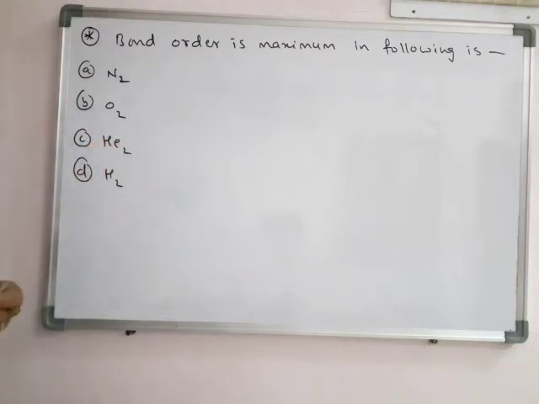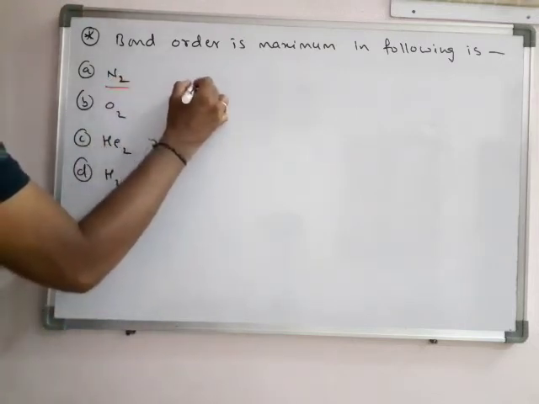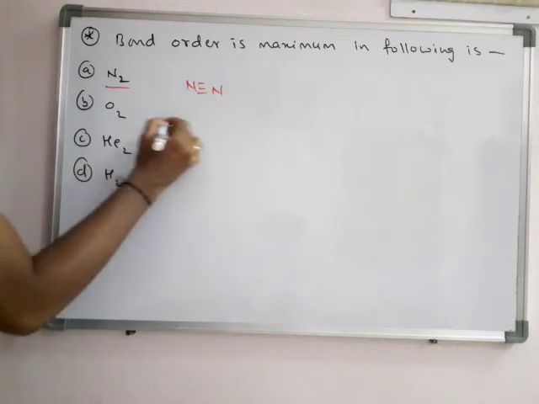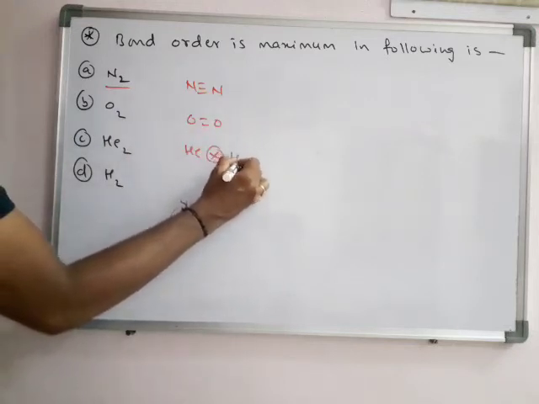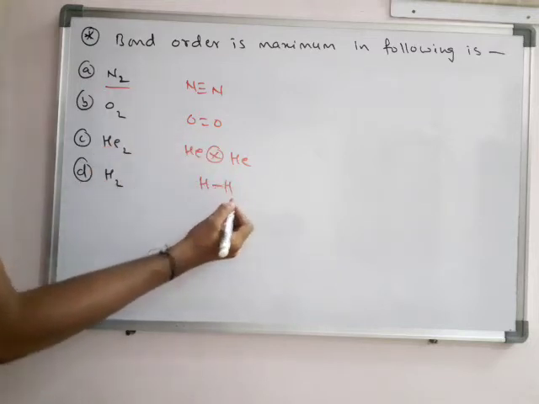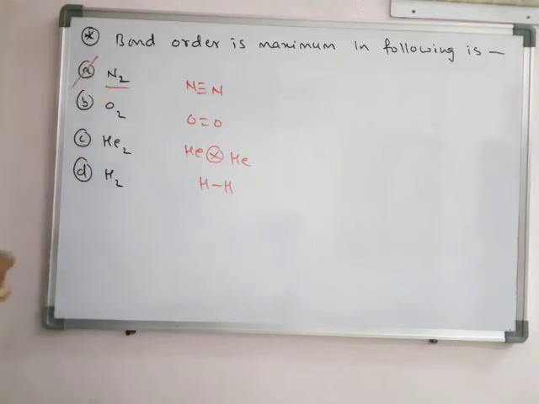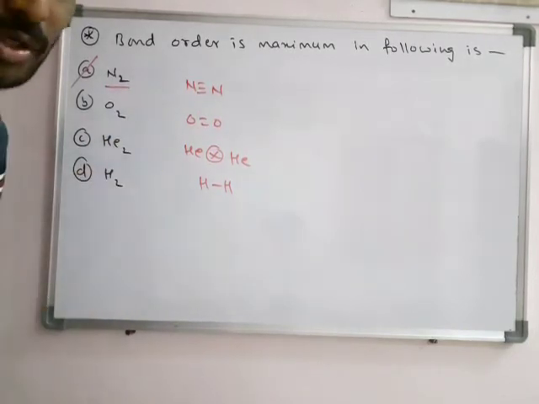Actually, for bond order we need the total configuration and formula, but as we did many examples, we know N2 has bond order 3 and O2 has bond order 2. Helium has no bond order because it does not exist. So which has the maximum bond order? N2. If you are unable to remember that number, you need to write the total configuration and follow the bond order formula.